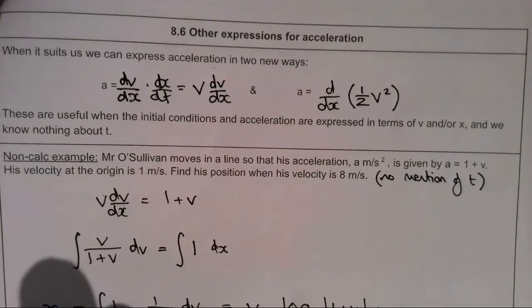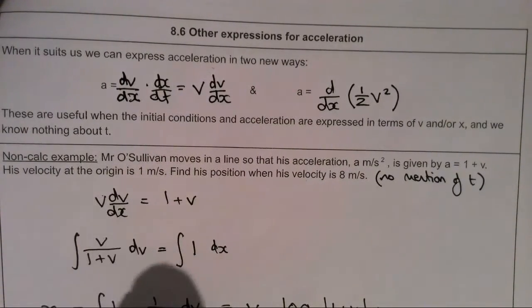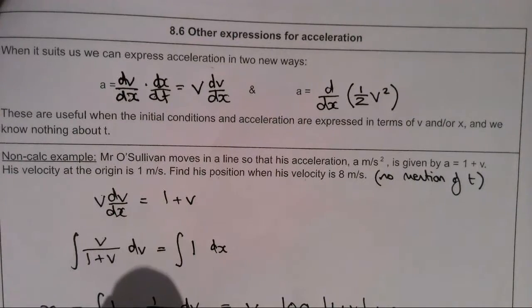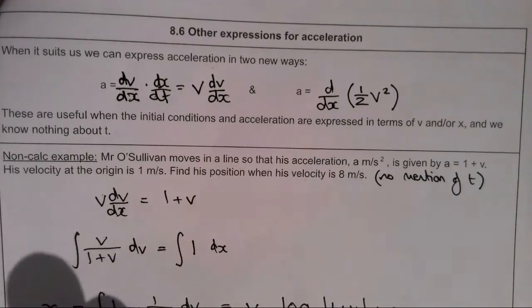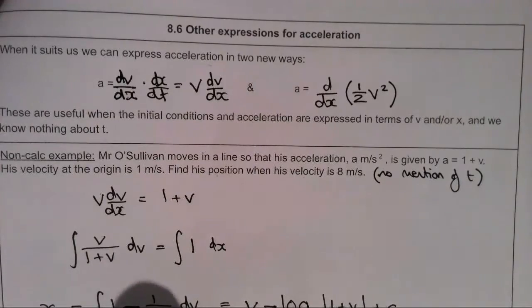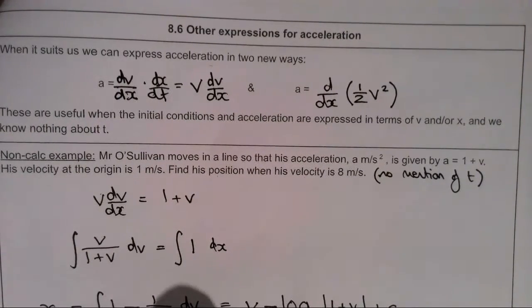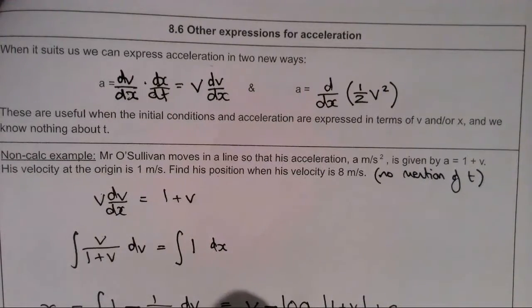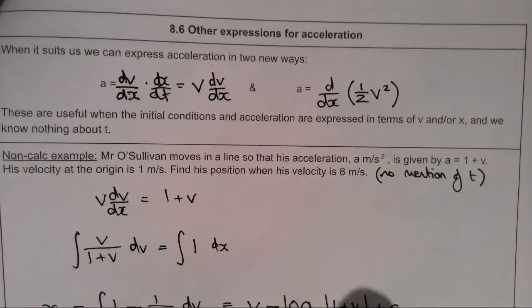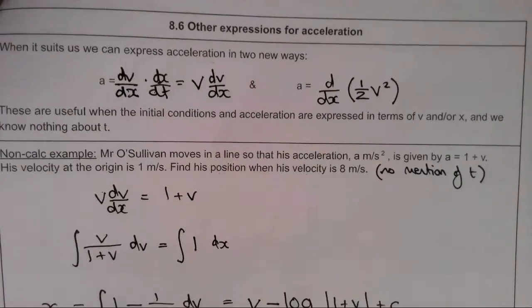So x equals 8, substitute it in, add the 1 to the other side, and we get, it's my mistake, the velocity equals 8, so x equals 8 minus 1 is 7, 7 plus log base e of 2/9. And I'll leave it up to you guys to put that into your calculator and work out exactly what the answer is.